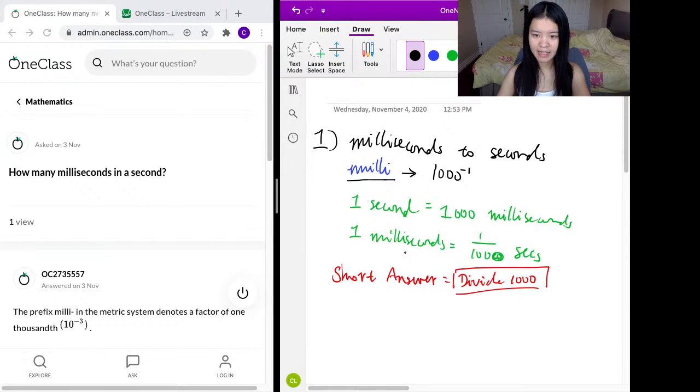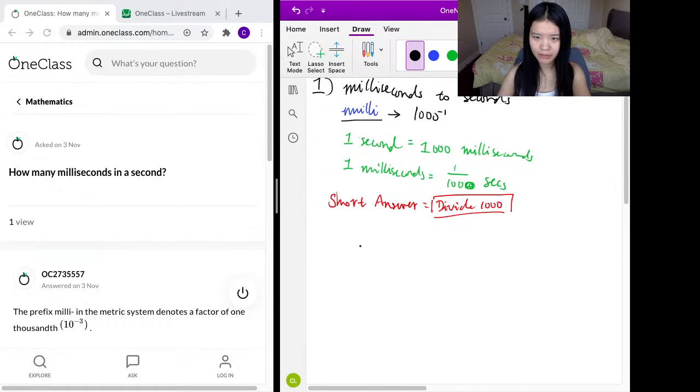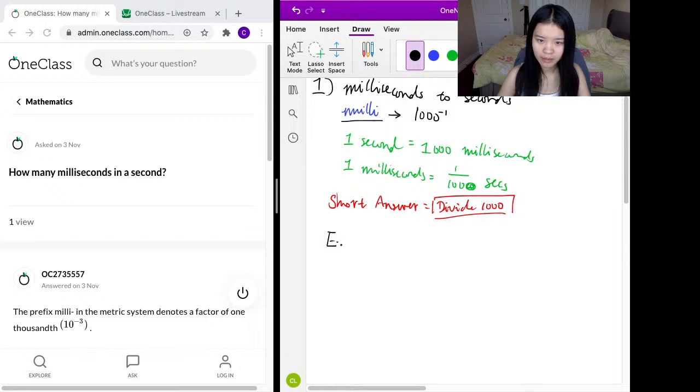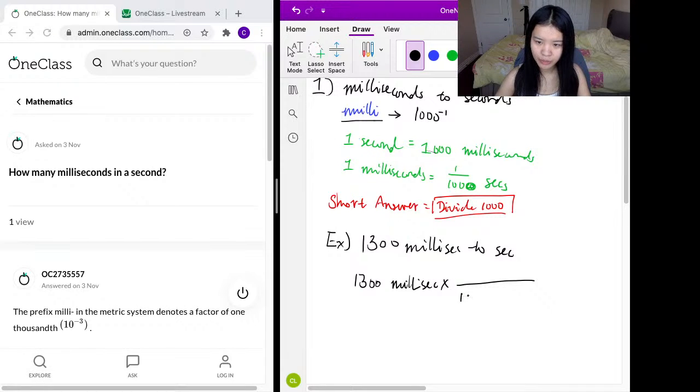Now let's look at an example. Say you want to convert 1,300 milliseconds to seconds. How do you do that? You write milliseconds, and because you want milliseconds to cancel out during the conversion, and you know a second is equal to 1,000 milliseconds, you put 1,000 milliseconds on the bottom and 1 second on the top.